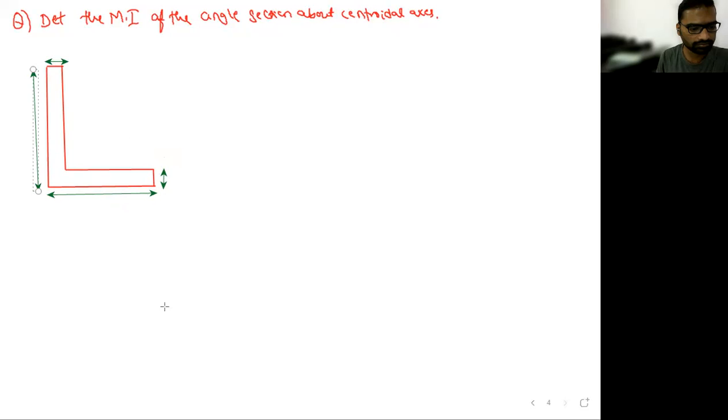This is the angle section. This is 20 mm, this is 80 mm, this is 20 mm, this is 100 mm. You have to determine the moment of inertia.